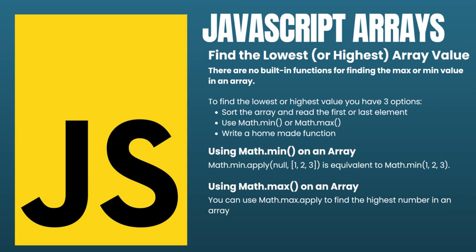In this lesson, we will continue to look at the options that are available when you are trying to find the lowest or the highest array value in a JavaScript array context. In the previous lesson, we talked about the use of the sort method to read the first or last element, then using the index position to get the value that corresponds to the lowest or the highest array value.